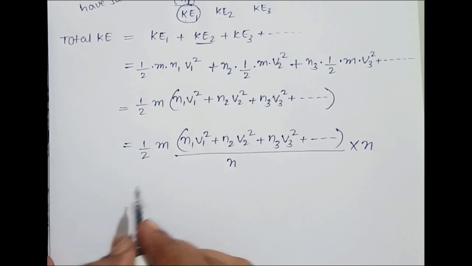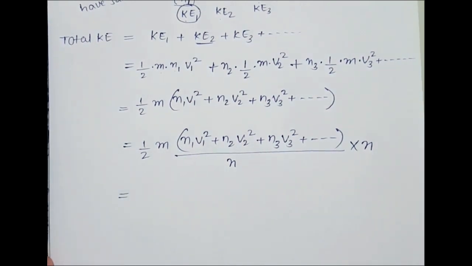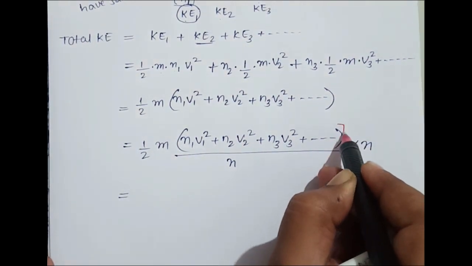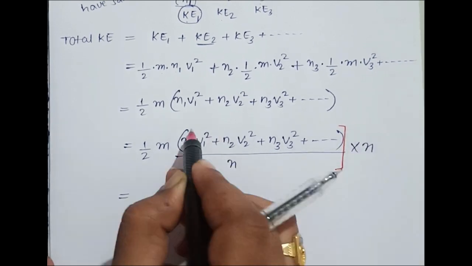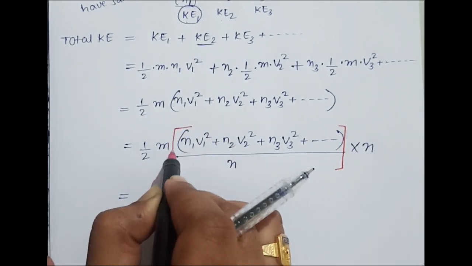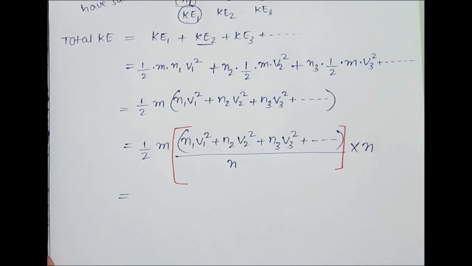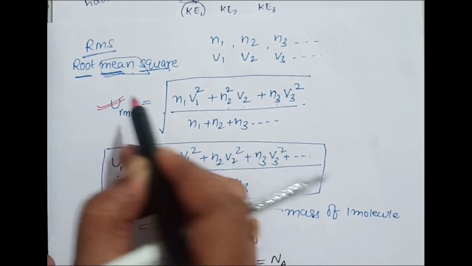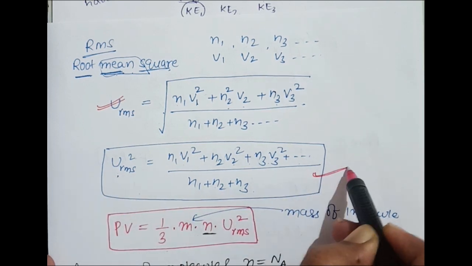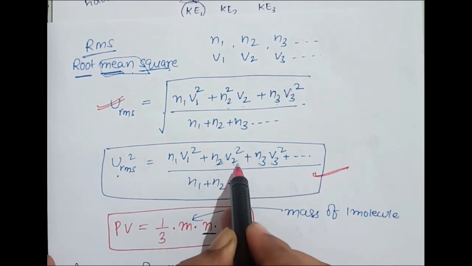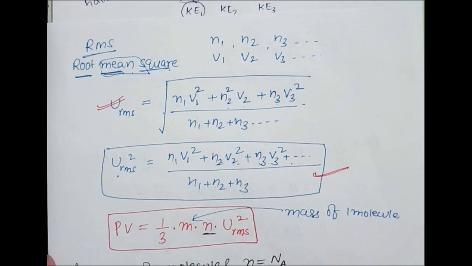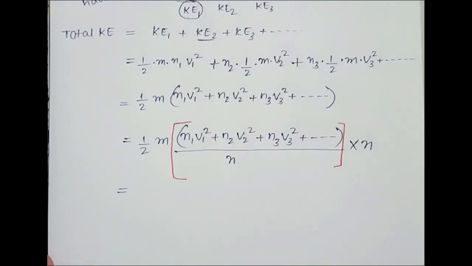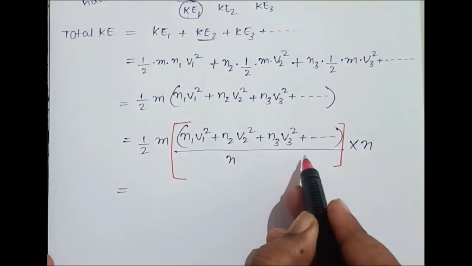Yes, we can do that. Now what is the use of this? Here this is the square of the RMS velocity. That is what we have studied in the previous topic. I'll show you that previous one also. This one, you see, this is the RMS velocity, and RMS velocity square is that, right? n1 v1 square plus n2 v2 square plus n3 v3 square upon n1 plus n2 plus n3. So this is the square of the RMS velocity.